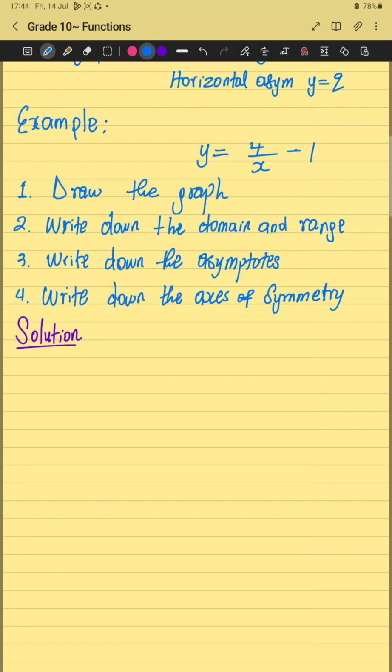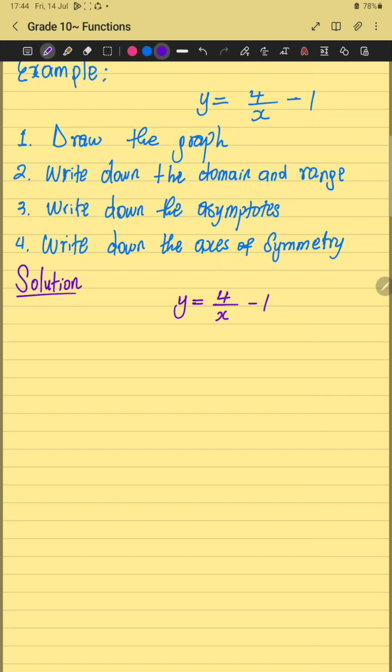How do we do? So the first step here, that is for the x-intercept, we're going to make y equal to 0, and then we solve from this equation. In the place of y, I'm going to put 0 here.